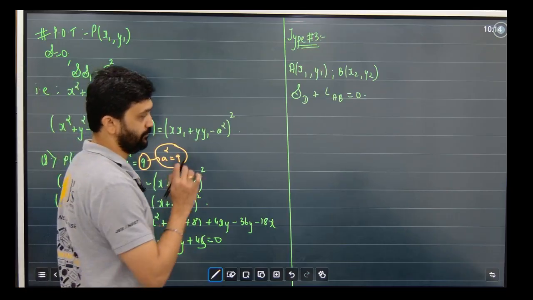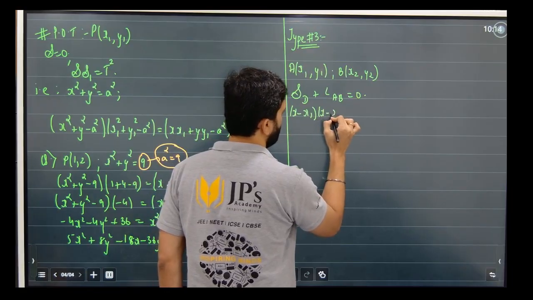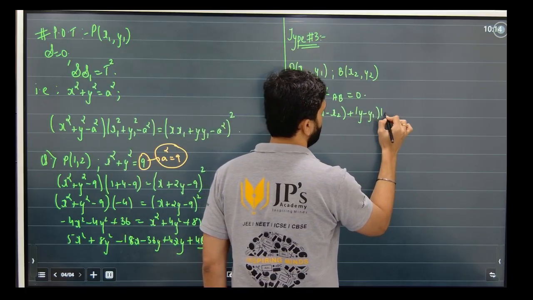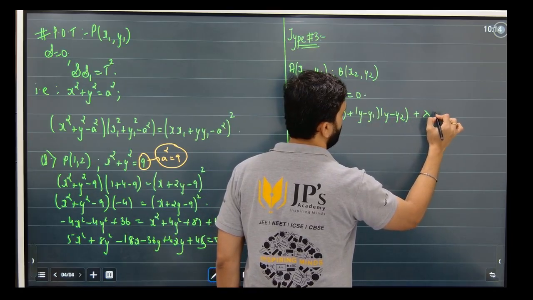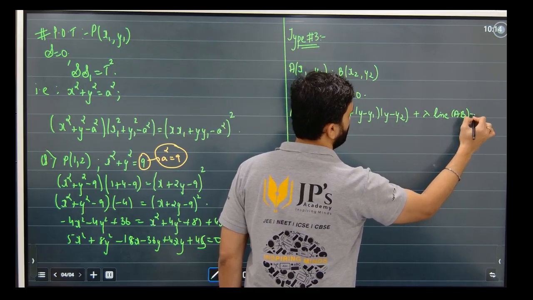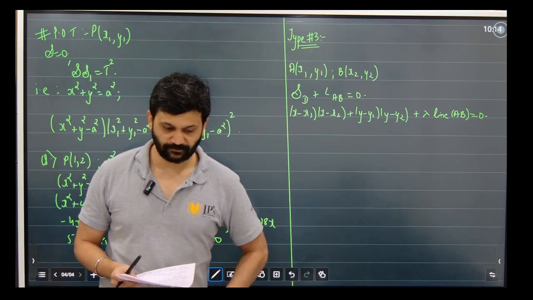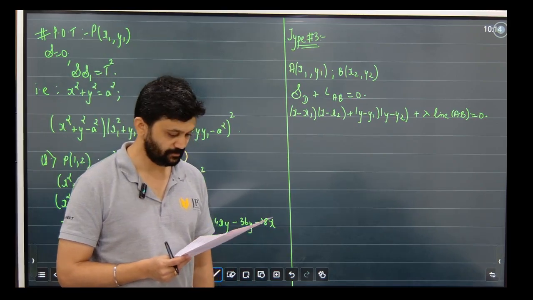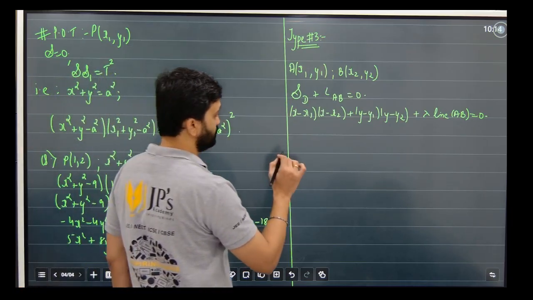In other words, the diameter form is x minus x1 into x minus x2 plus y minus y1 into y minus y2, plus lambda into the equation of line AB is equal to 0. We have to find the equation of line AB, guys.